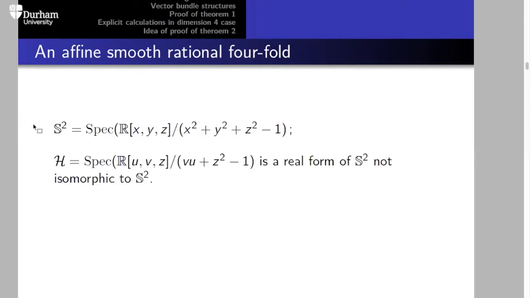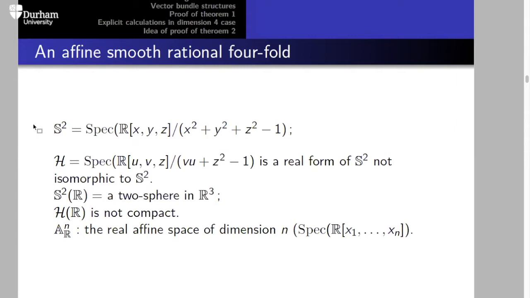And I take another form of it. If I take H, which is Spec of the ring in 3 variables where uv + z^2 - 1 = 0, this is a real form of S^2, because the two rings are isomorphic over the complex numbers, but it's not isomorphic to S^2, just like the example I had before. The set of real points of S^2 is a two-sphere, and the real set of H is not compact, so they are not isomorphic over the reals.